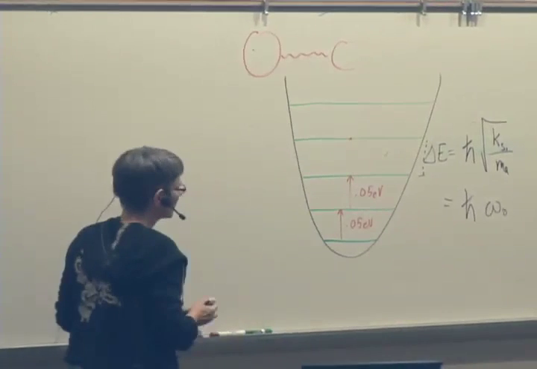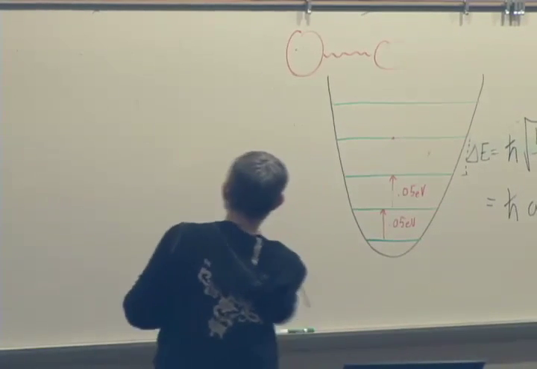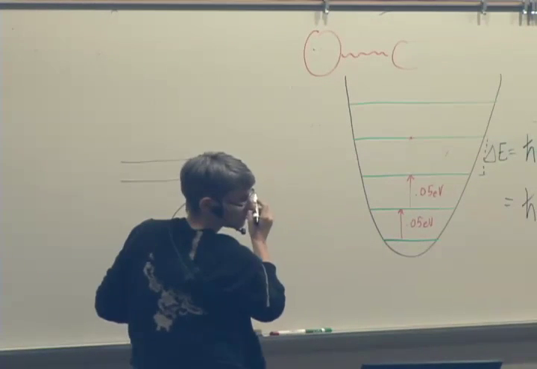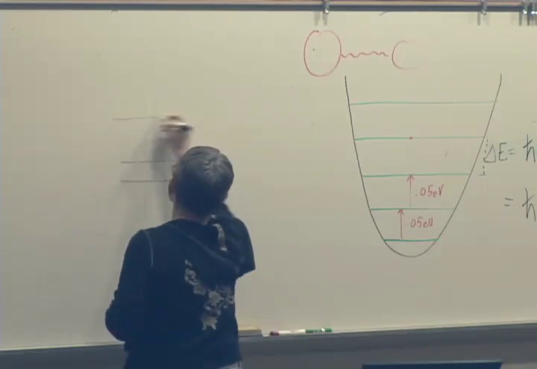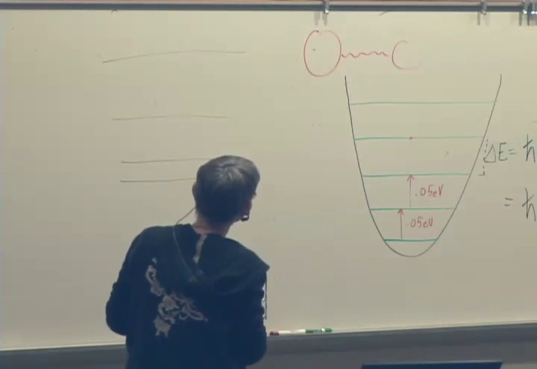The spacing of rotational energy levels for a diatomic molecule usually ends up looking something kind of like this, where the spacings get bigger and bigger.